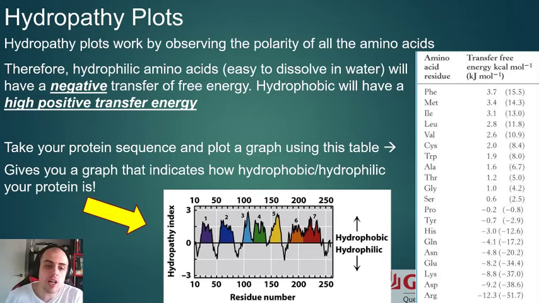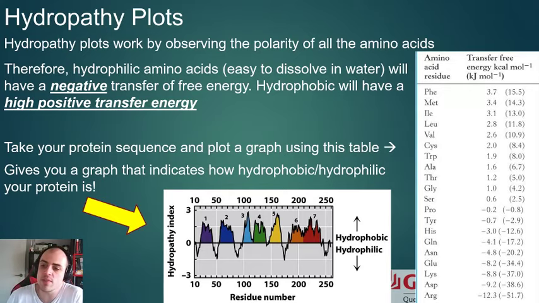So, hydropathy plots, what do they do? It is essentially plotting each amino acid versus how hydrophobic it is. Hydrophilic amino acids are very easy to dissolve in water, they like water, and they have a negative transfer free energy, whereas hydrophobic ones have a high positive transfer. It's thermodynamically unstable. It really doesn't want to go near water.